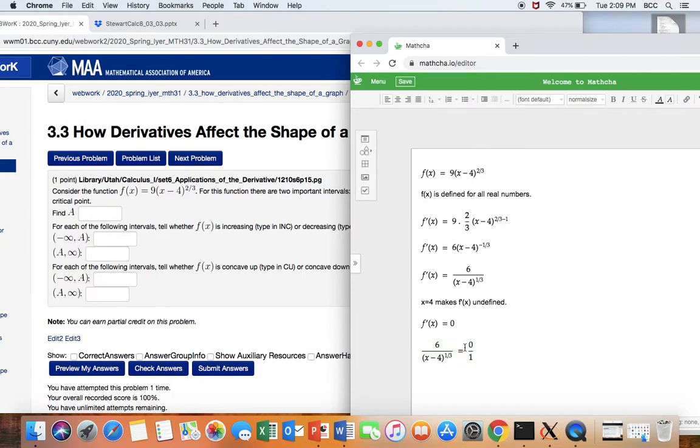If you cross multiply, you get 6 on one side, and on the other side this quantity times 0, which is 0. This is a false statement.